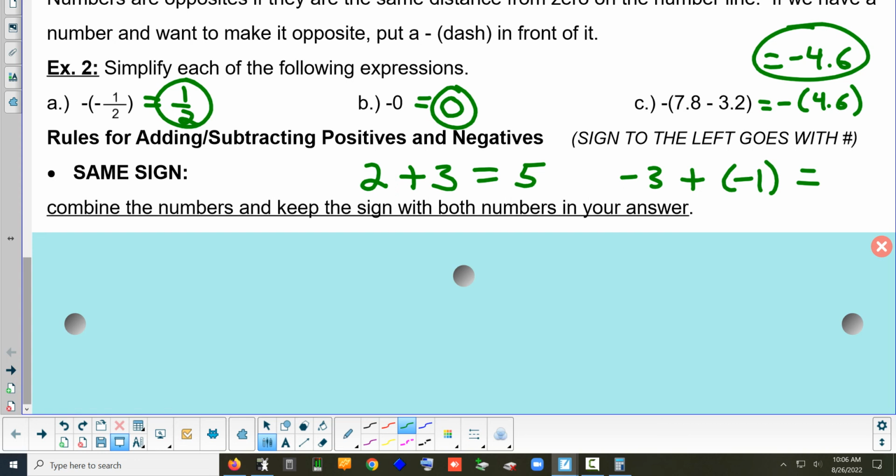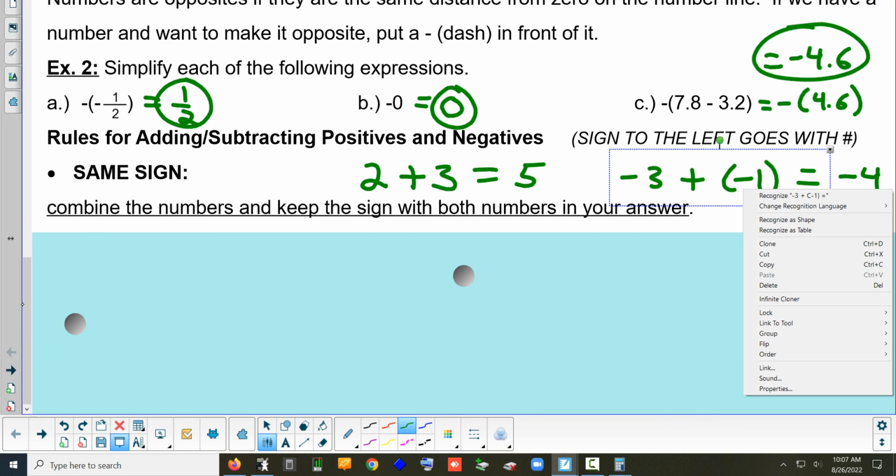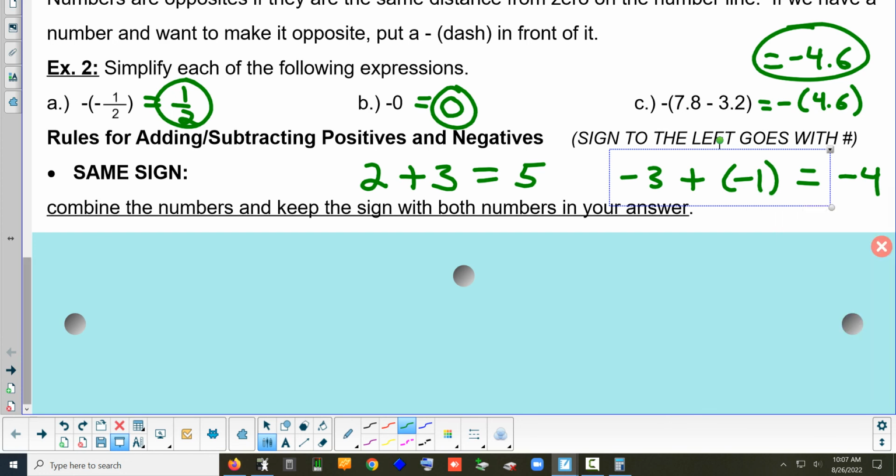If you have negative $3 and then you add another negative $1, it's like you owe someone $3 and now you owe someone another $1. So now you owe them even more. I owe you $3, now I owe you one more, now I owe you $4. I started with a negative, I added another negative, very different than multiplying, that we'll do after. But adding two negatives together gives you a negative. So that's with the same sign.